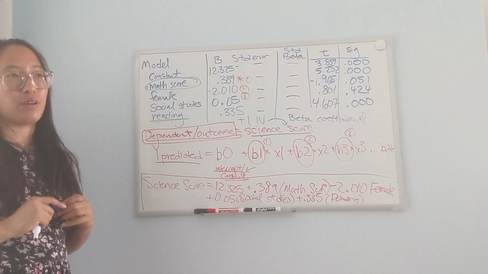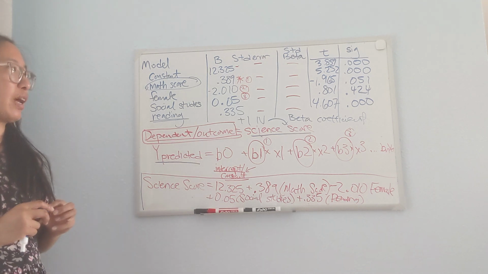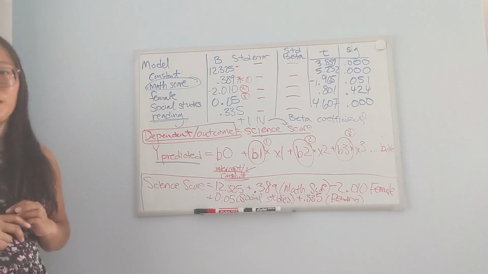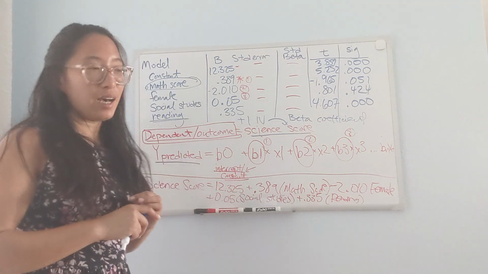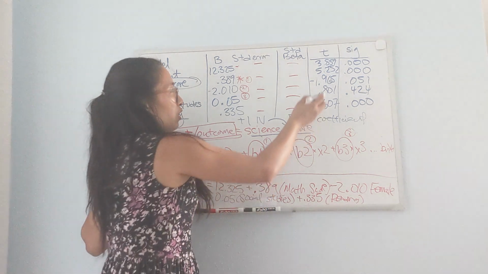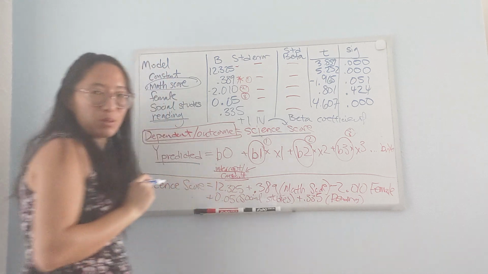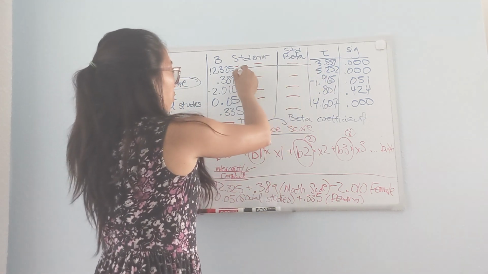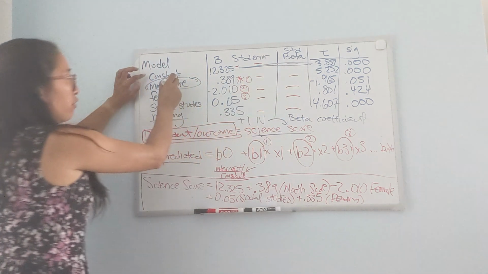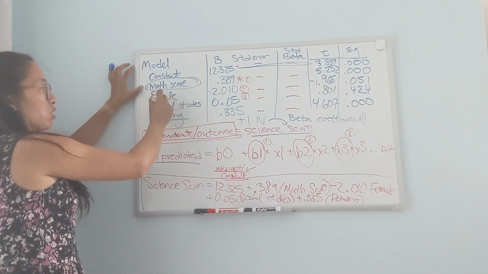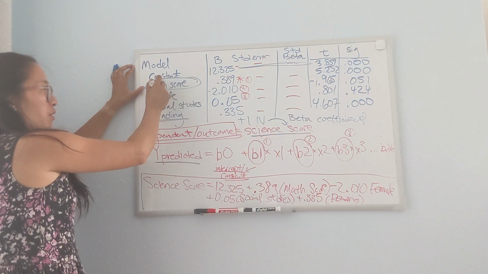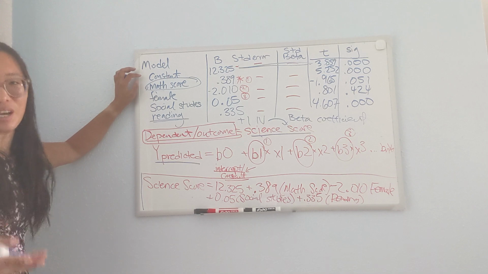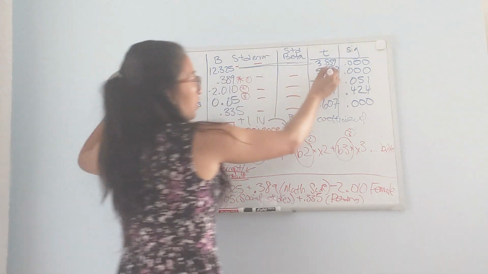The next part of the question for assignment 4 was looking at whether or not these beta coefficients are significant. The way you would look at that is by using the t-statistic in that same table. The t-statistic for the corresponding row corresponds to whatever is on this side, right? The constant for any regression model is always significant. That's just how it is, so I usually just ignore this.